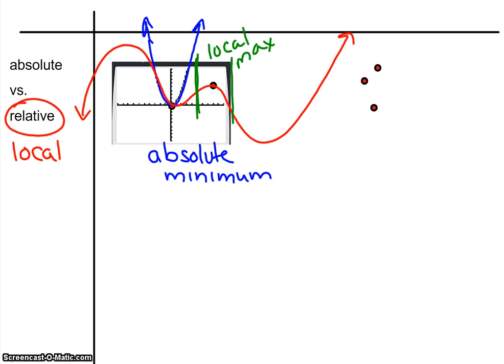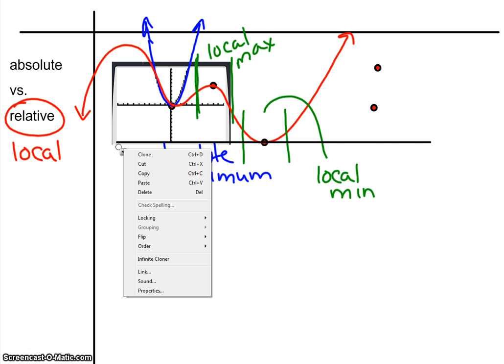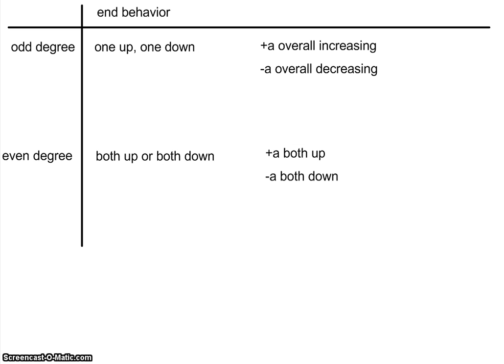It's not an overall maximum, but in that little region there, it is a maximum. Just like this point right down here, in this region is a local or relative minimum. These are important because, again, if I draw my tangent line, it's horizontal to it. So that's why we want to take notice of those points.